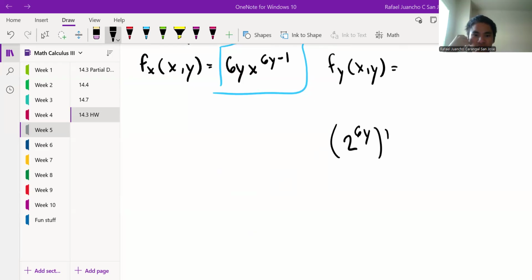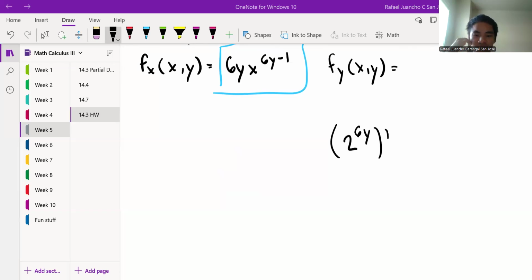Let me just double check some differentiation techniques. Maybe let's say even something basic like 2 to the y. Oh, so there is a formula for that.